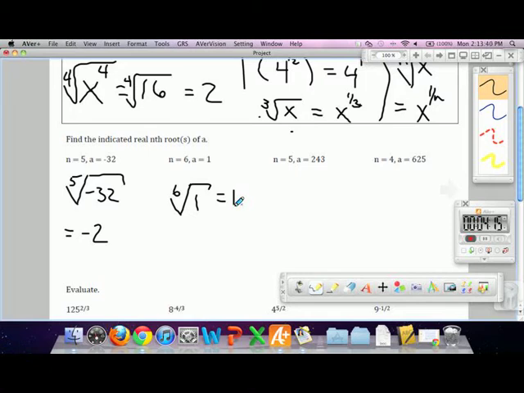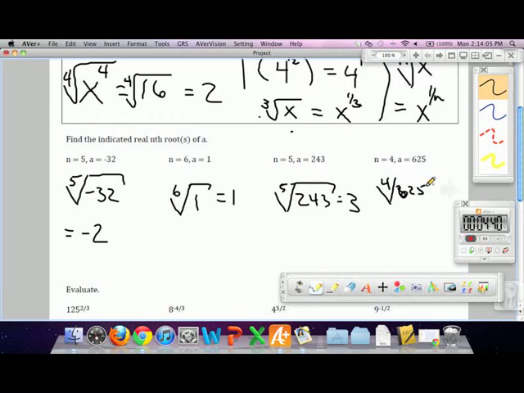Yes, it is 3. The fifth root of 243 is 3. And what times itself 4 times is 625? 5. Yes. The fourth root of 625 is 5.